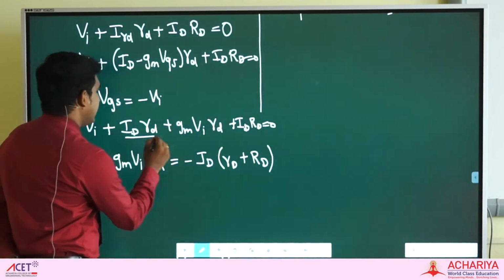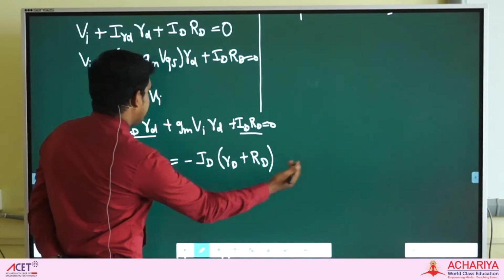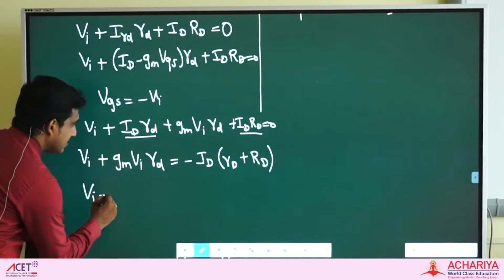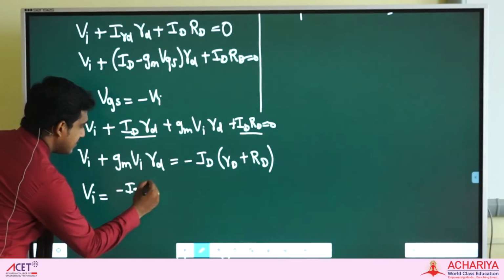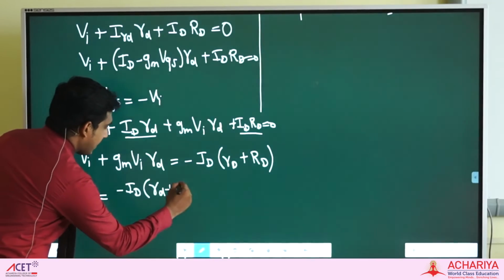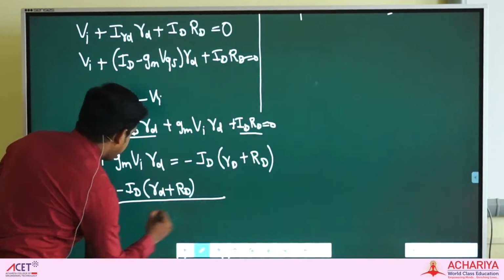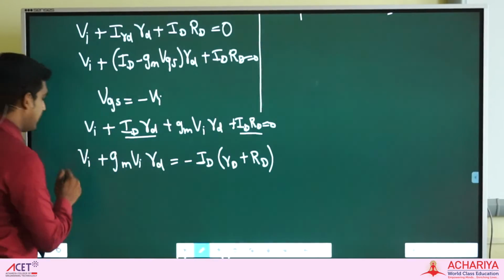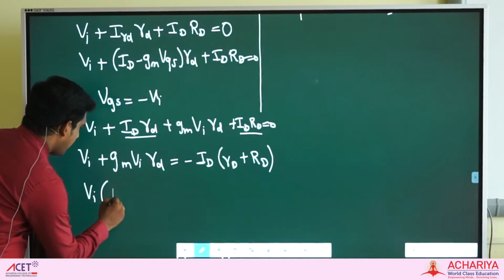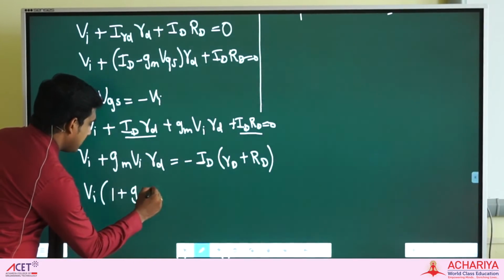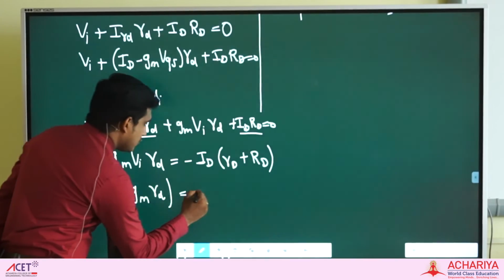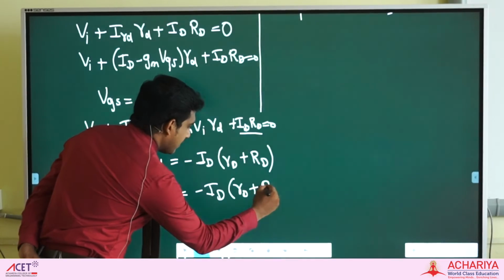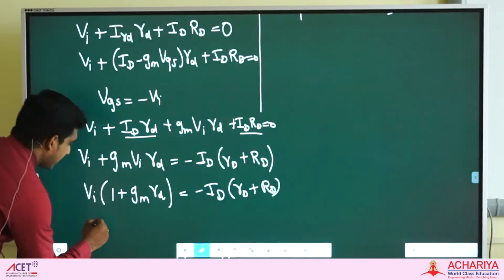We bring ID rd and ID RD to the left-hand side and take minus ID as common. Now VI into 1 plus GM rd is equal to minus ID into rd plus capital RD.